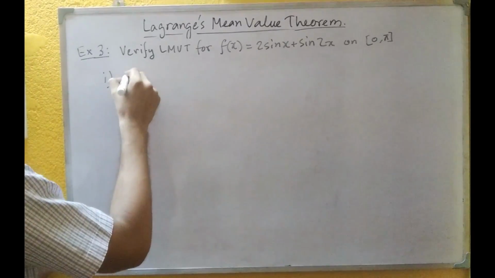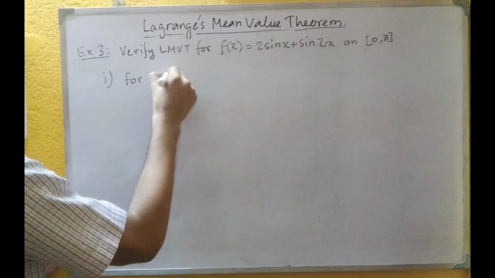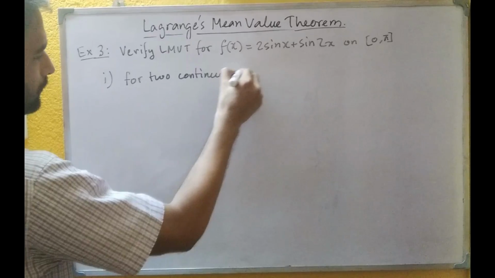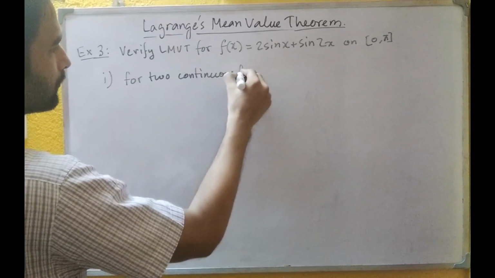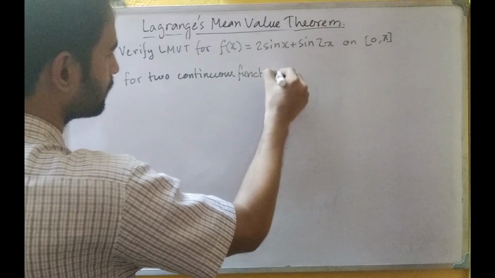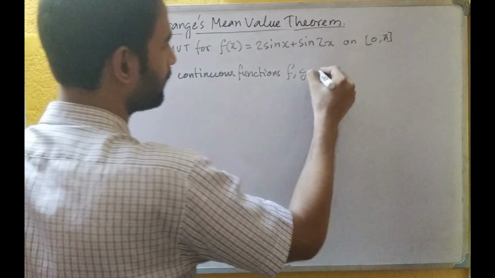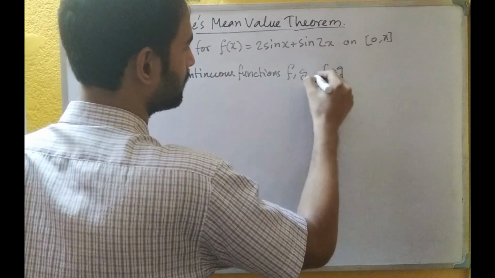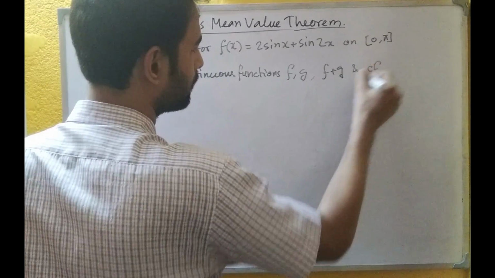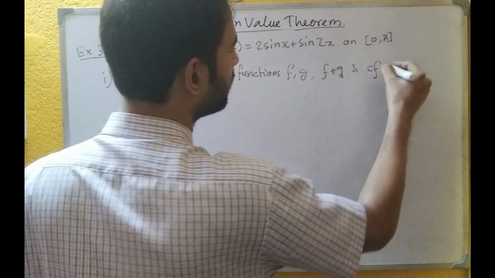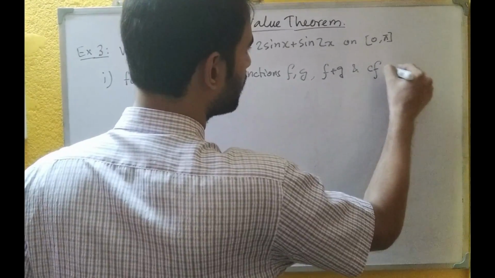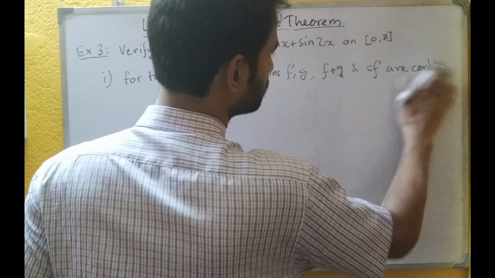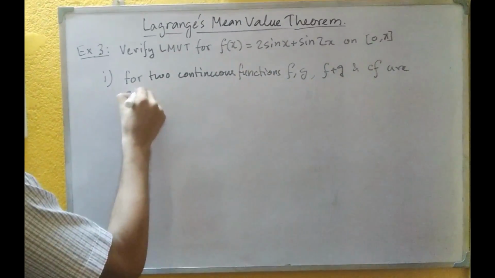So we can say this for two continuous functions f and g: f plus g, and a constant multiple of a function, c f, are continuous.